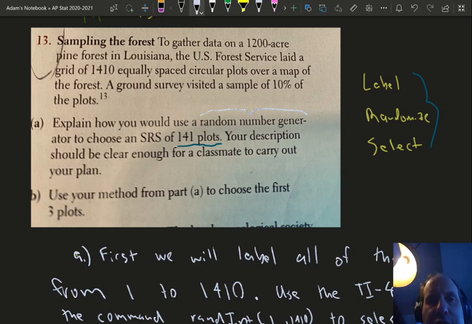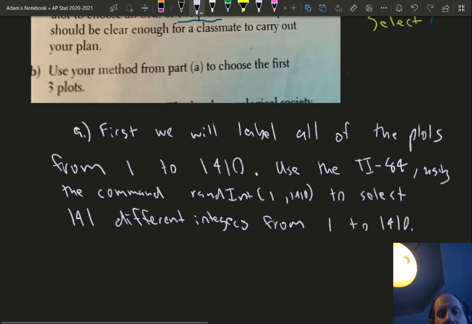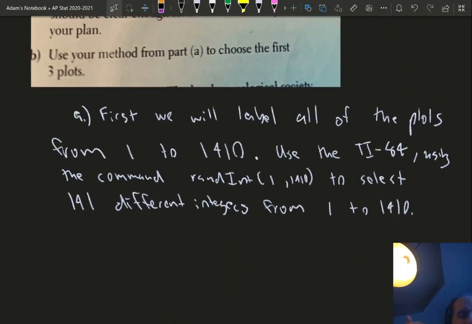But let's read this problem. The U.S. Forest Service laid a grid of 1,410 equally spaced circular plots over a map. We want to use a random number generator to choose a simple random sample of 141 plots. So in this case, yes, we don't want to get the same plot twice. So we will throw out any repeats, something like that.